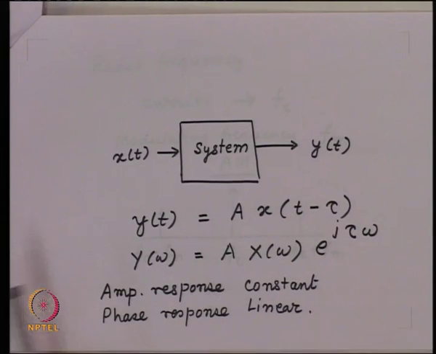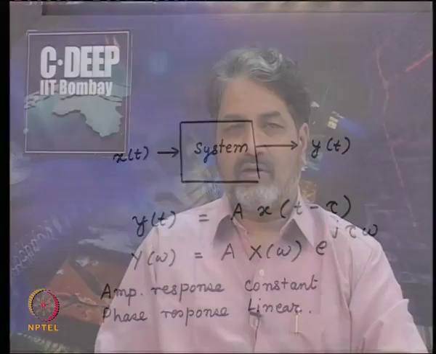And then we ask what is the condition to realize this in the spectral domain, and then we found that if the amplitude response is constant and if the phase response is linear for the system, then the signal does not get distorted while passing through the system.